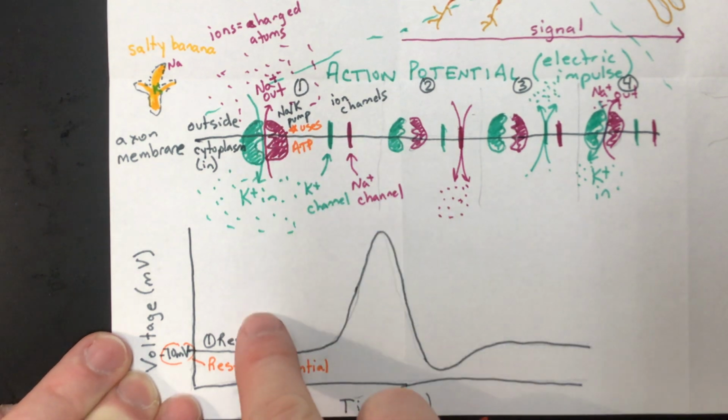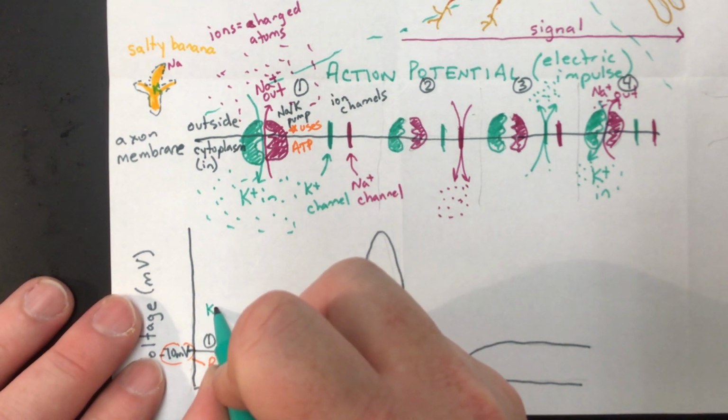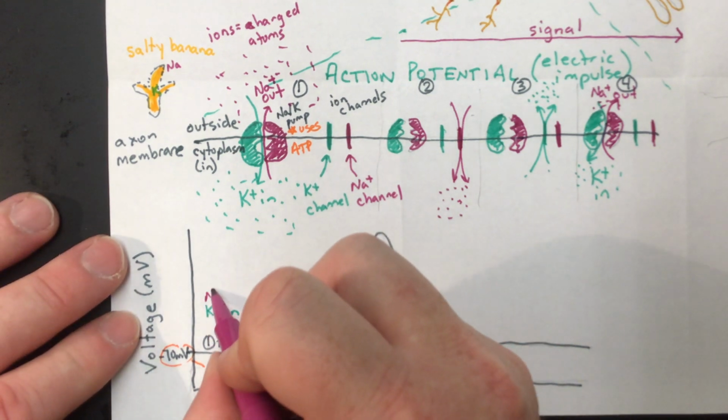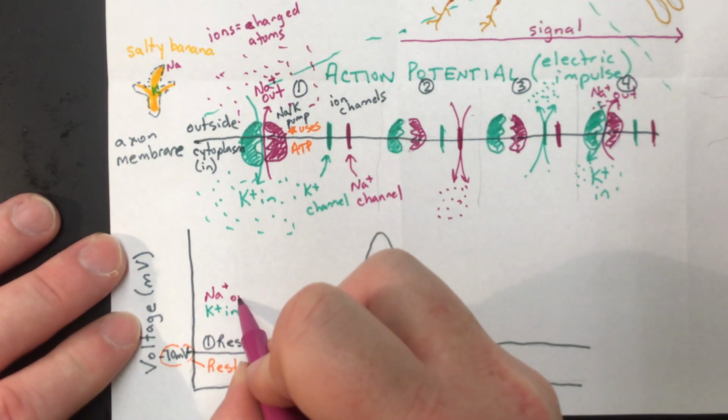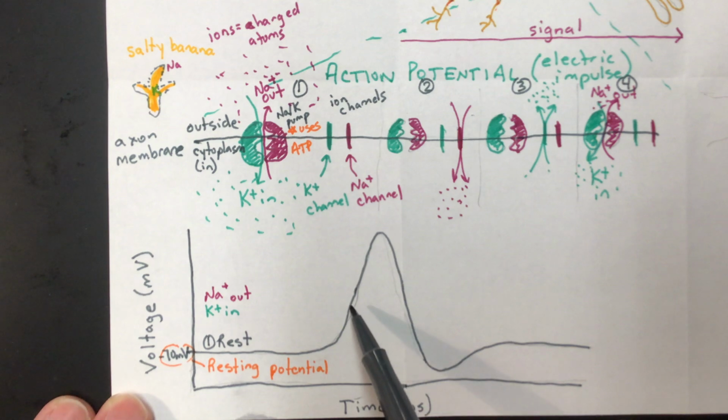So let's write what's going on up here, down at the bottom. So at this point, potassium is coming in, and sodium is going out to bring our voltage to minus 70. And then what happens when the neuron gets the signal, you can see that there's a change in the voltage.